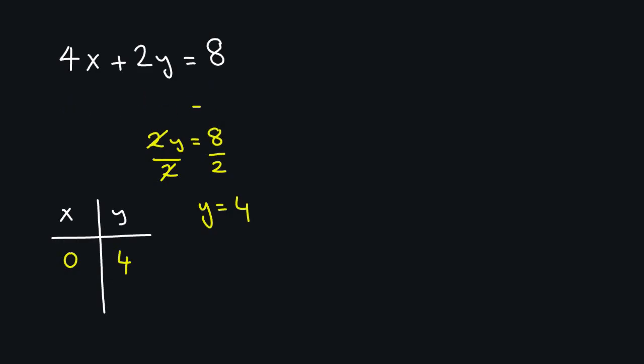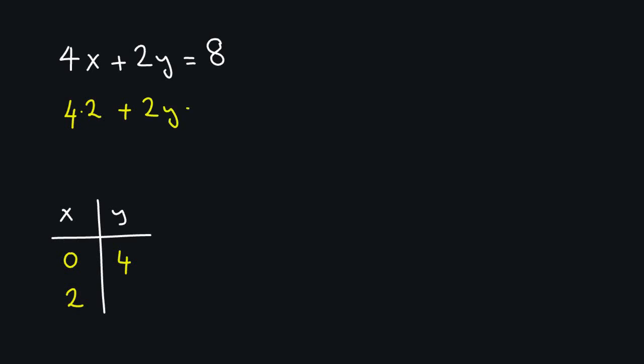That's my first point. My second point, let's say I'm given 2 for x. So I will substitute 2 for x in the given equation. 4 times 2 plus 2y equals 8. So I have 4 times 2, 8. 8 plus 2y equals 8.